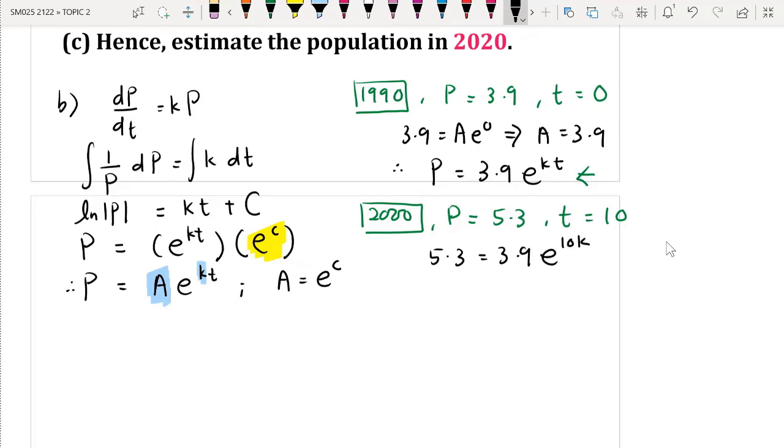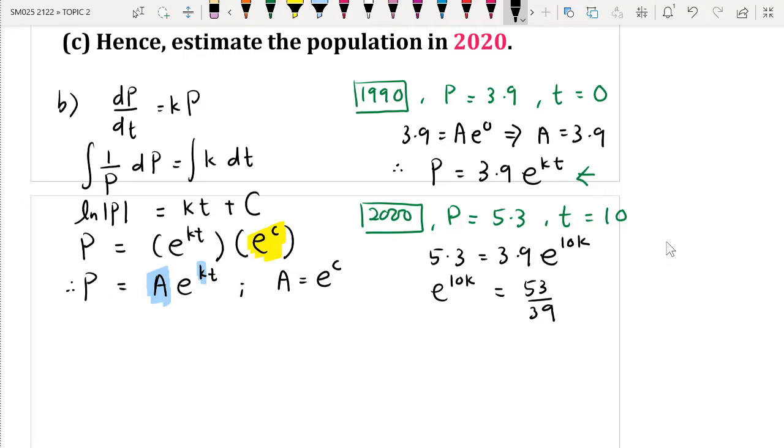Now we have to find k. In this case, please don't use your calculator. We have to find the exact value, and we cannot round off our answer. That's why we cannot use a calculator. So I rearrange: e to the power of 10k is basically 53 over 39. To find k as our main subject, we take ln of both sides and then divide by 10.